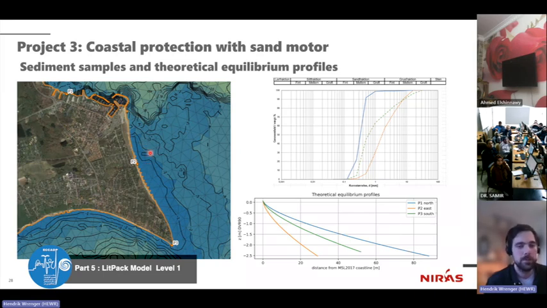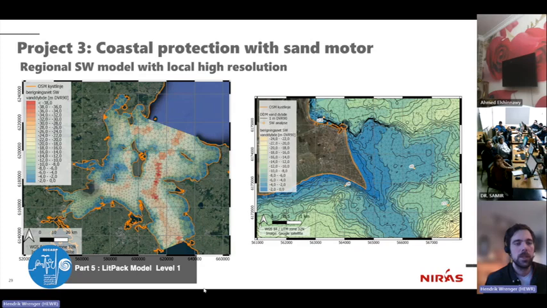But at that preliminary stage, we just took a few samples on the beach. We established the sand size distributions, and with that, you can compute the equilibrium profiles. You've also already seen that. So here are the equilibrium profiles for the three locations, which will come in handy later.